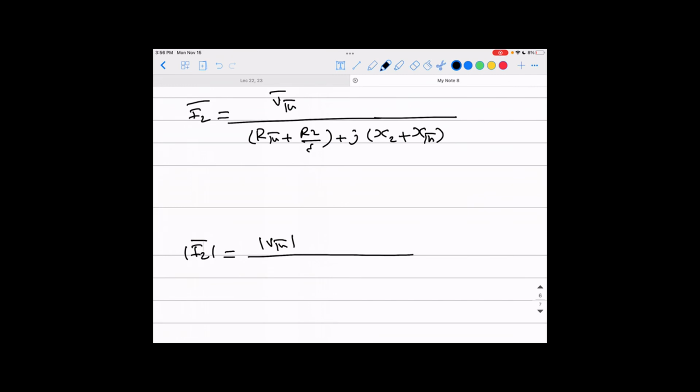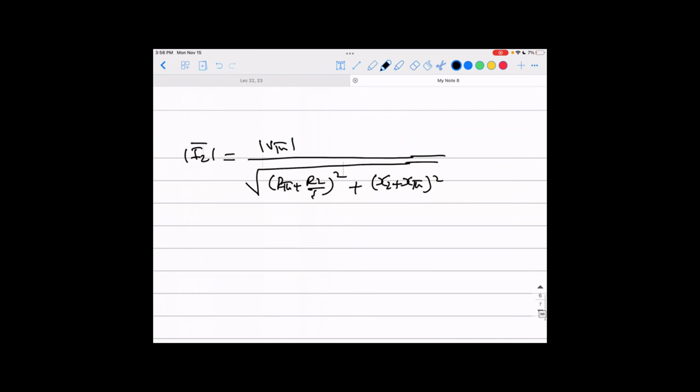You know how to find this for complex numbers: the square root of the real part squared, which is R Thevenin plus R2 over S all squared, plus the imaginary part squared, which is X2 plus X Thevenin squared. This is how to represent the rotor current.